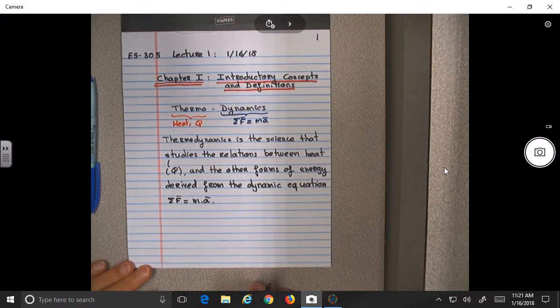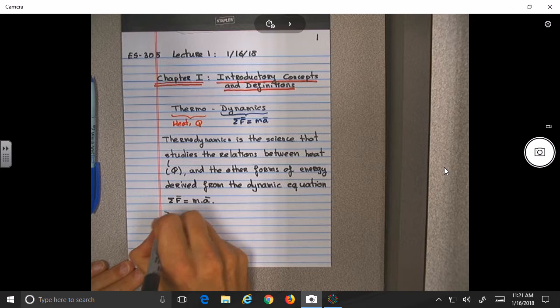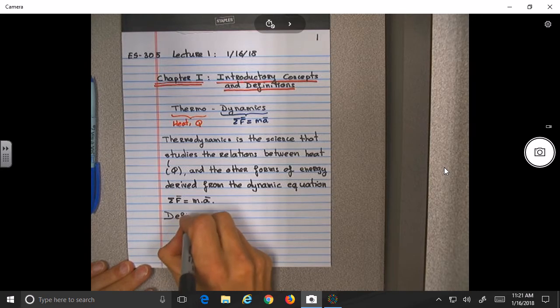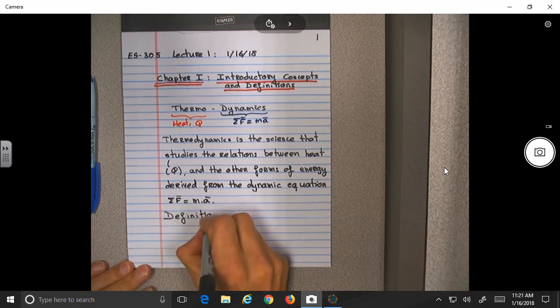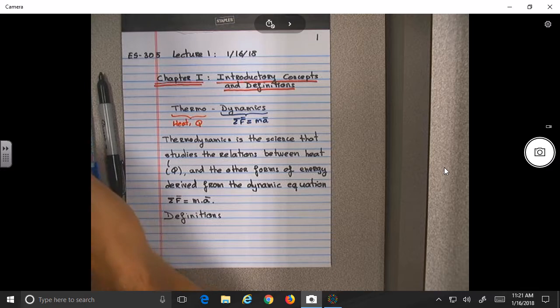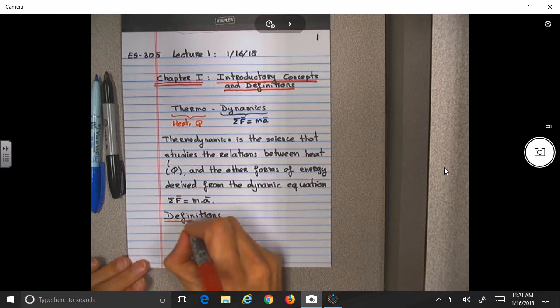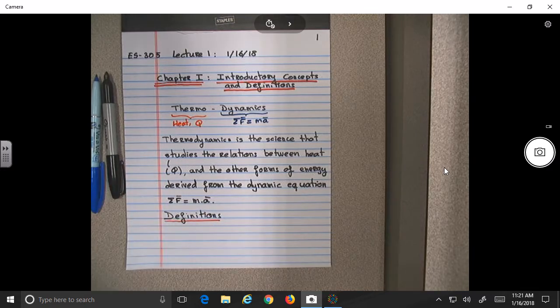All right, so the other day we also started to see or try to understand how to use the new vocabulary for thermodynamics.